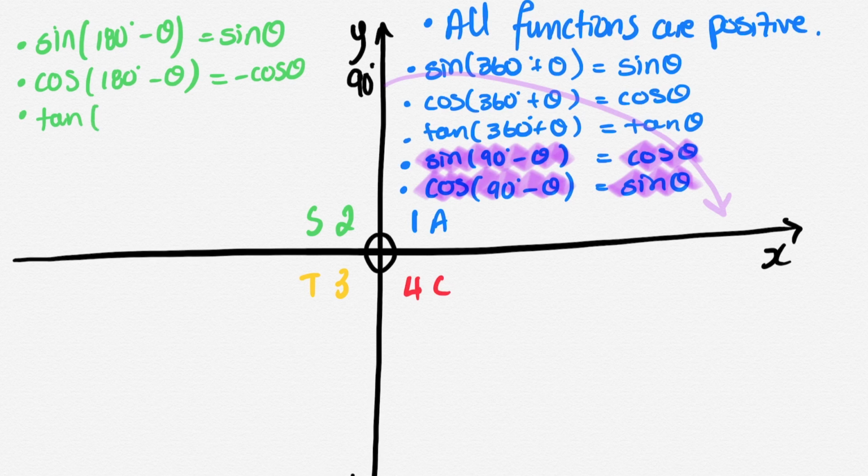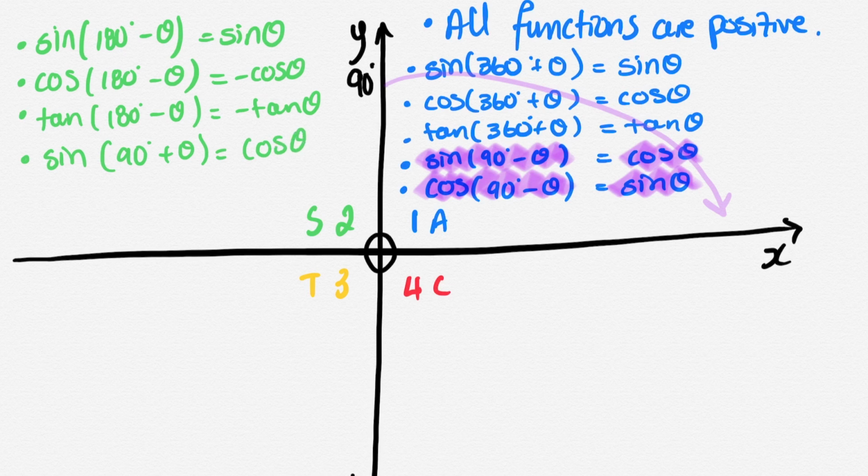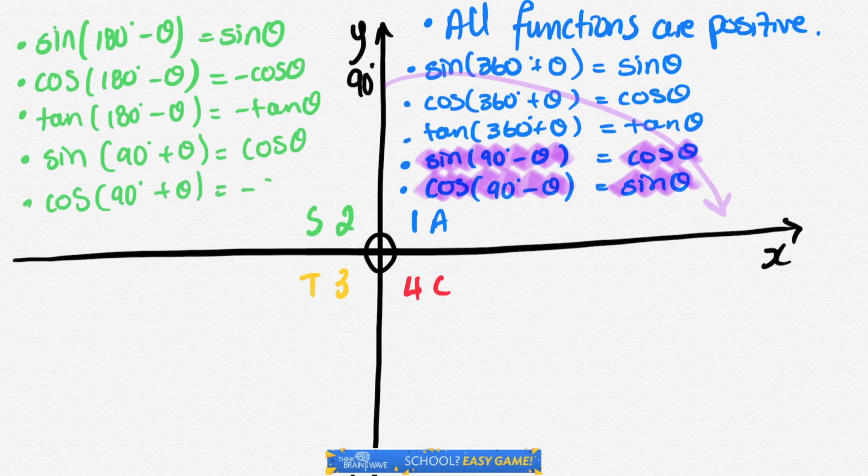Let's do tan of 180 degrees minus theta. And here we say that moving up from the x towards the y, we've got quadrant 2 and only sine is positive, so tan is a negative tan. Now once again, we do sine of 90 plus theta, meaning that we're going from the y-axis leftwards, and we say it's a positive cos theta because sine is positive in this quadrant.